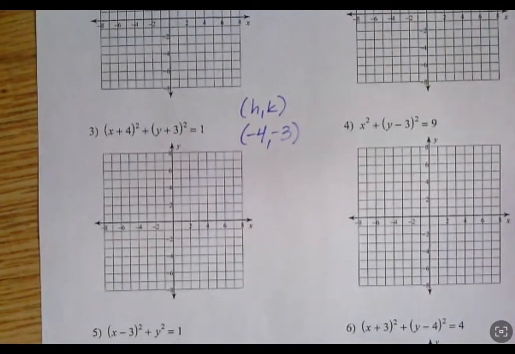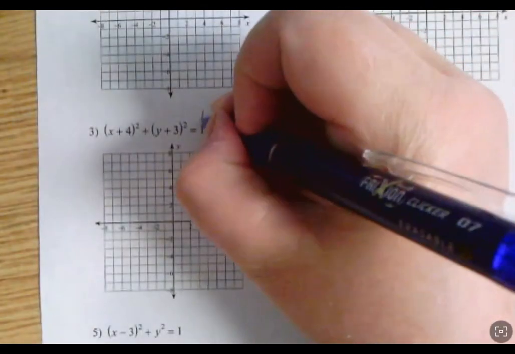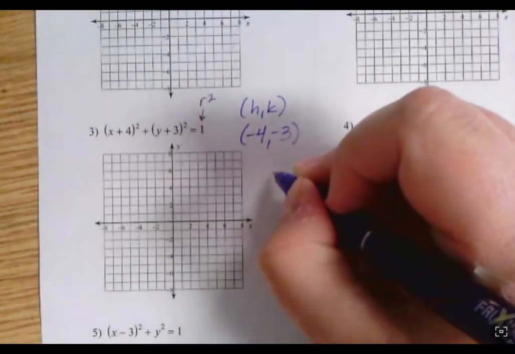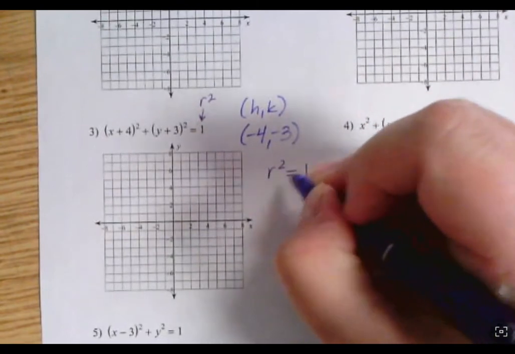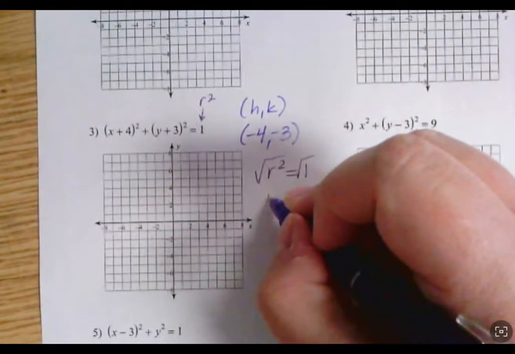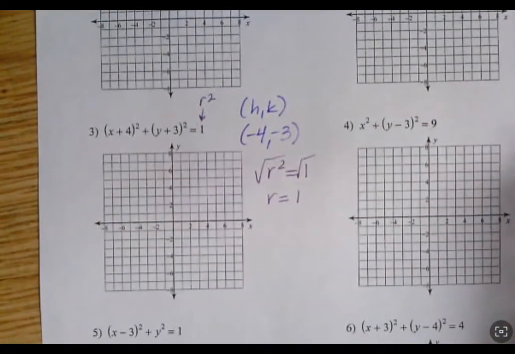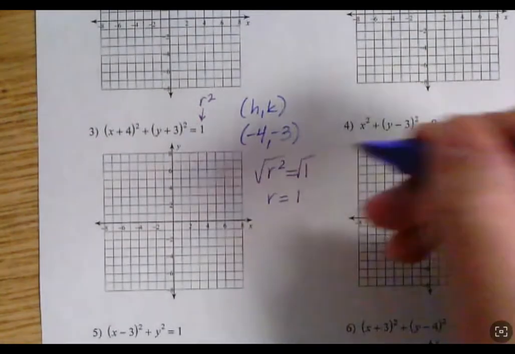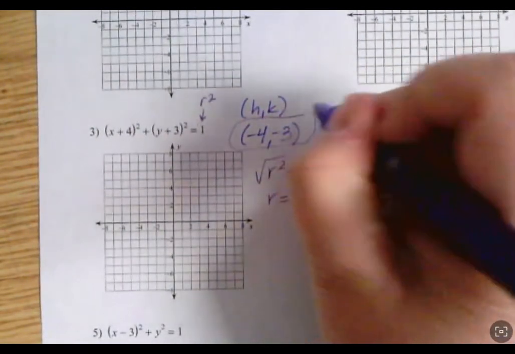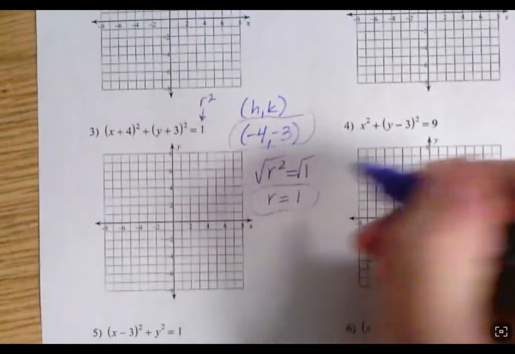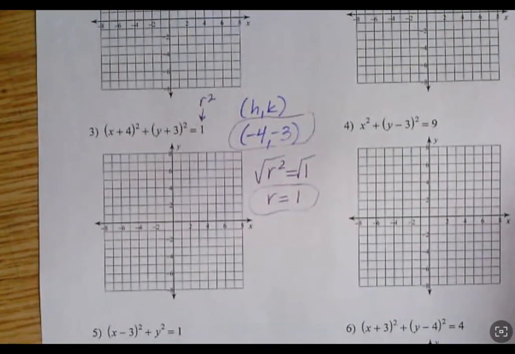All right, so what about the radius? Well, this, remember, is r squared. So if r squared is 1, well, it's handy with 1. The square root of 1 is still just 1. So here is my center. Here is my radius. And I'm 2 for 2 on bad pens.